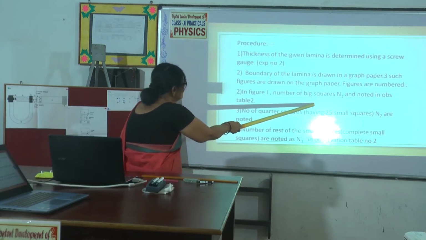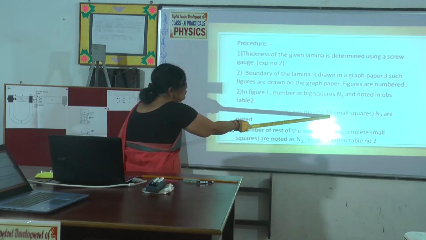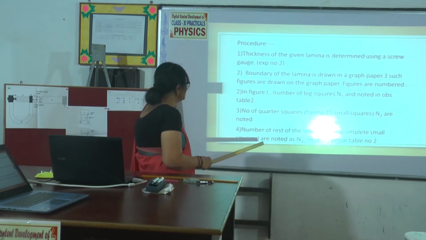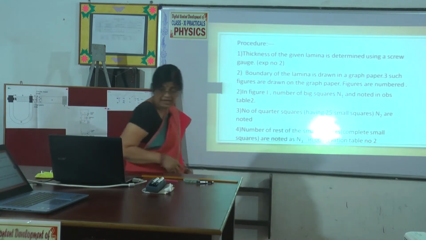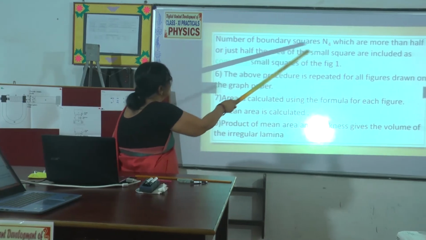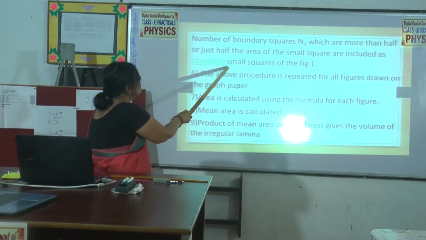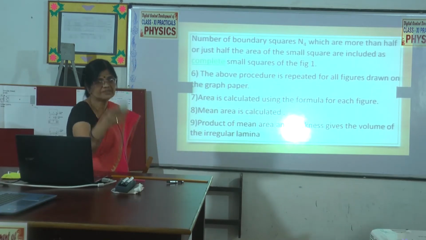The number of big squares is to be counted and noted in table 2. The number of quarter squares having 25 small squares is to be noted. Then the number of the rest of the small squares, N3, and then you count the number of boundary squares, N4, which have more than half or just half. They are taken as complete small squares in figure 1.